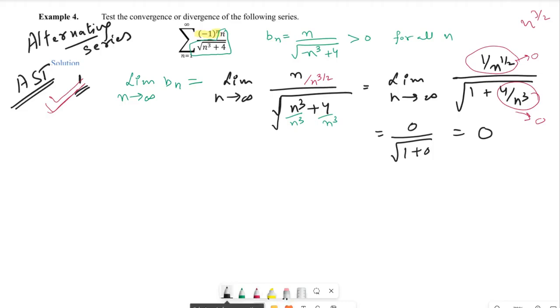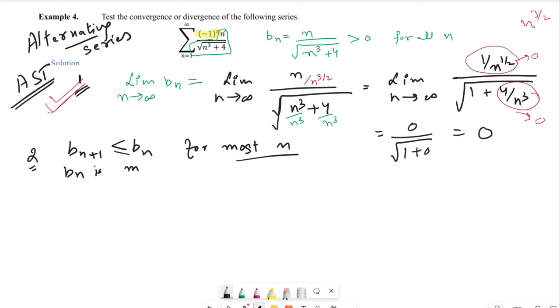The second condition to check is that Bn plus 1 is less than Bn for most values of n. Okay, so basically we want to prove that Bn is mostly decreasing. Mostly here means that if one or two or a few finite terms in the starting are not decreasing, we can ignore that, right?